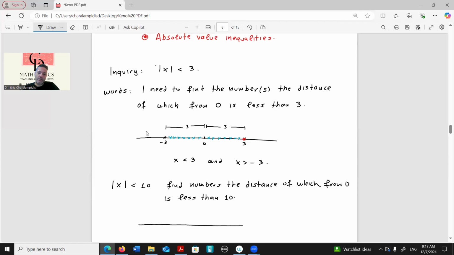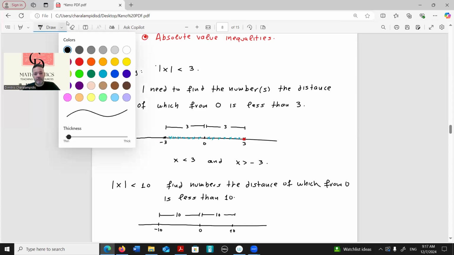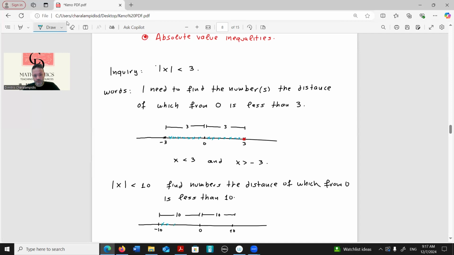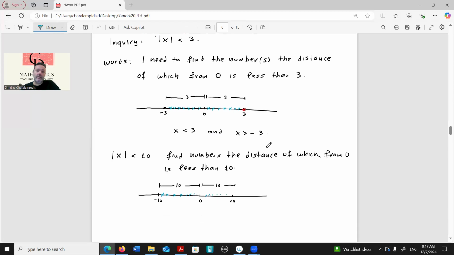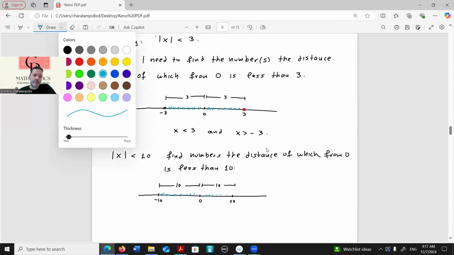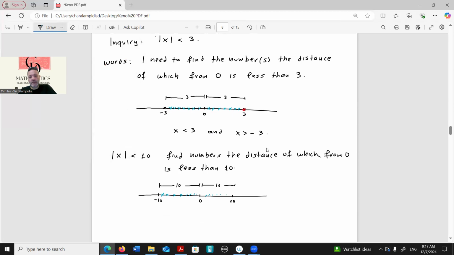Again, by doing a number line, and since this time I want to compare with 10, it's every single number between negative 10 and 10. All these numbers in here. To formalize it using math symbols, x smaller than 10 and at the same time x greater than negative 10.